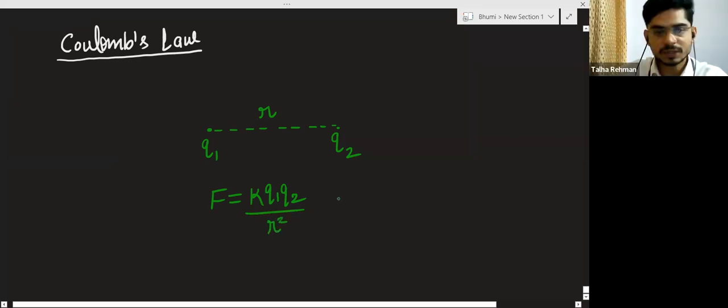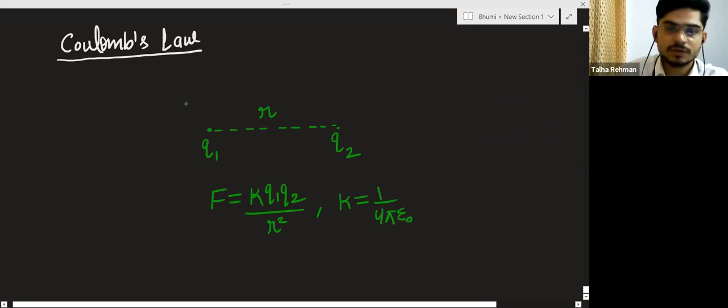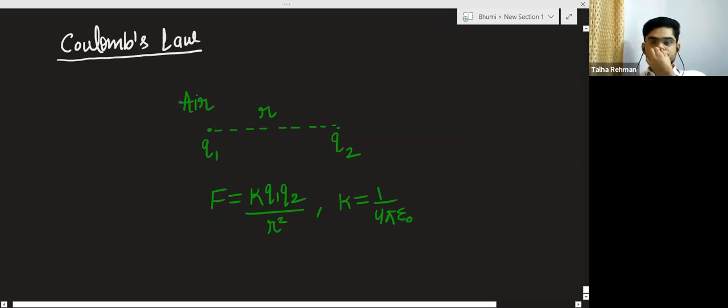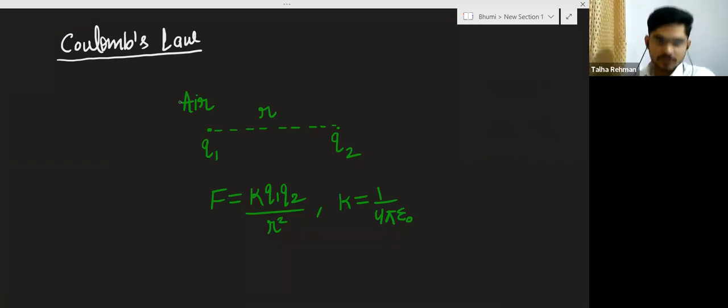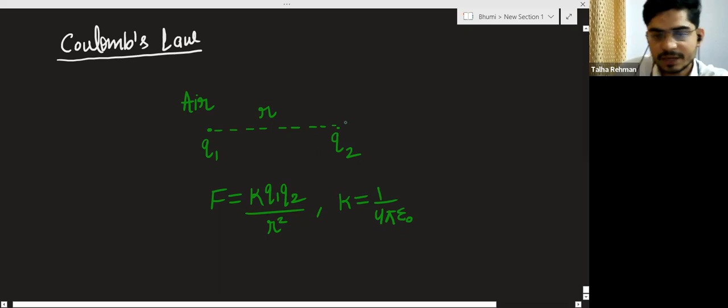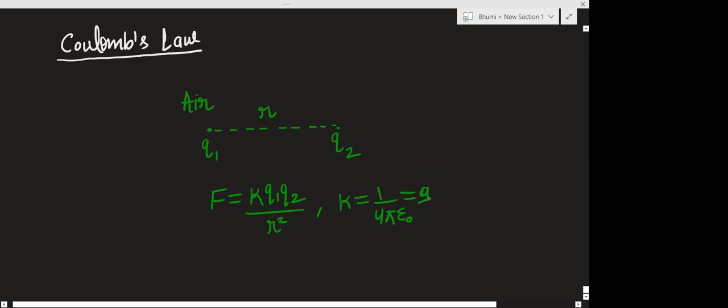This is the formula, and the value of k is given by 1 upon 4 pi epsilon naught, if these charges are placed in vacuum. So this was the Coulomb's law, and the value of k is 9 into 10 to the power 9.